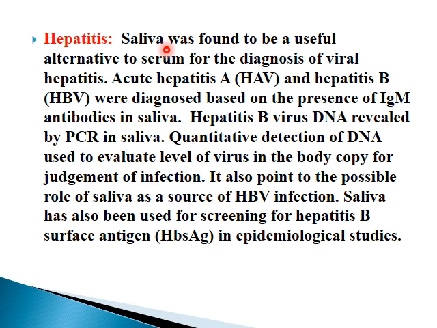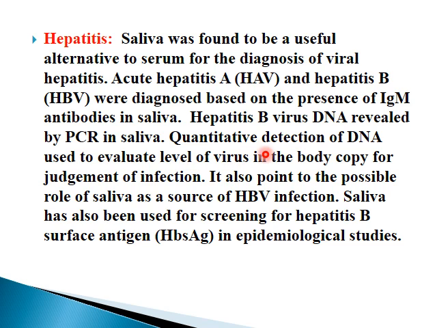Hepatitis. Saliva was found to be a useful alternative to serum for the diagnosis of viral hepatitis. Acute hepatitis A and hepatitis B were diagnosed based on the presence of IgM antibodies in saliva. Hepatitis B virus DNA was revealed by PCR in saliva.